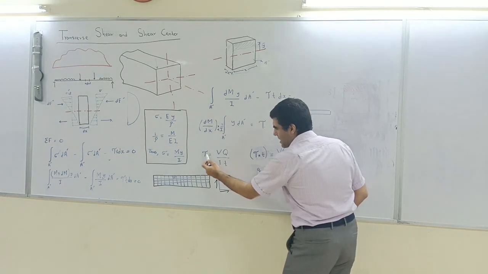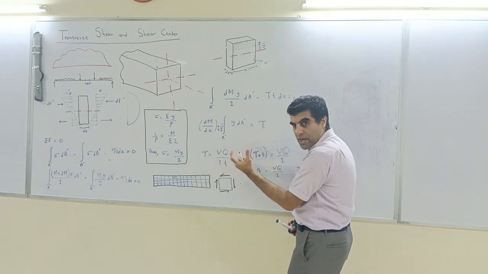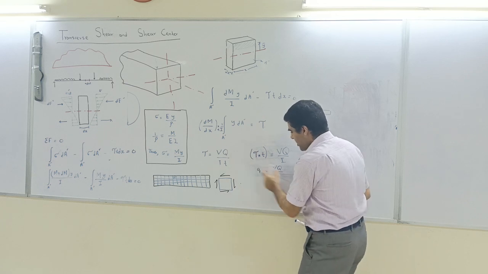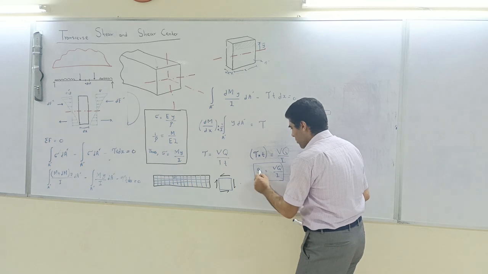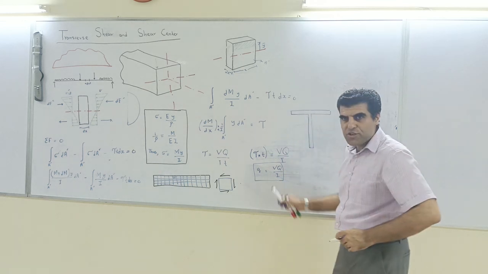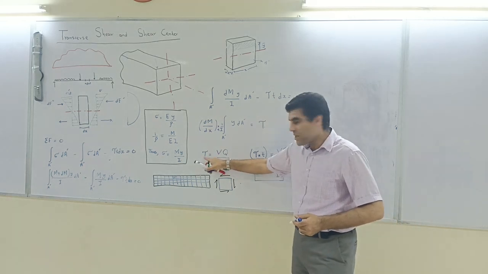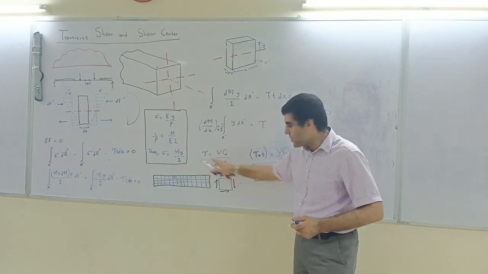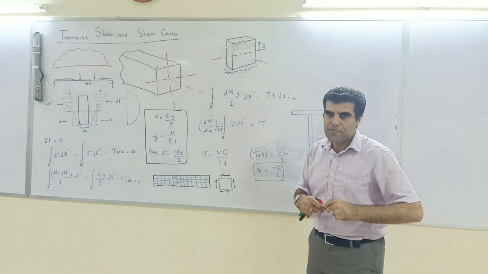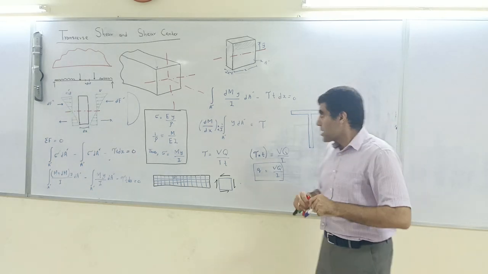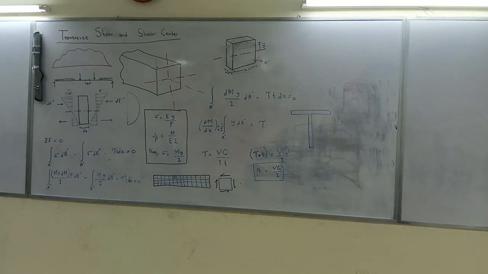I've just multiplied, this is stress. I multiply it with the width of the section, and I get shear flow. So this is called my shear flow. Its unit is load per unit length, because this is load per unit area, isn't it? You multiply t with it, so you get load per unit length. Okay, so this is the end of this topic, and we have to do now an example.